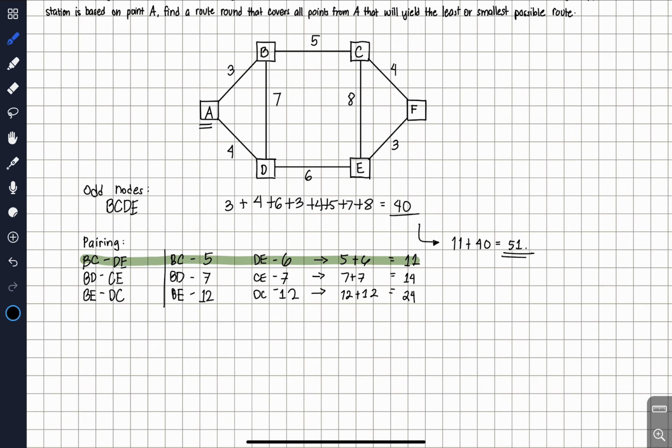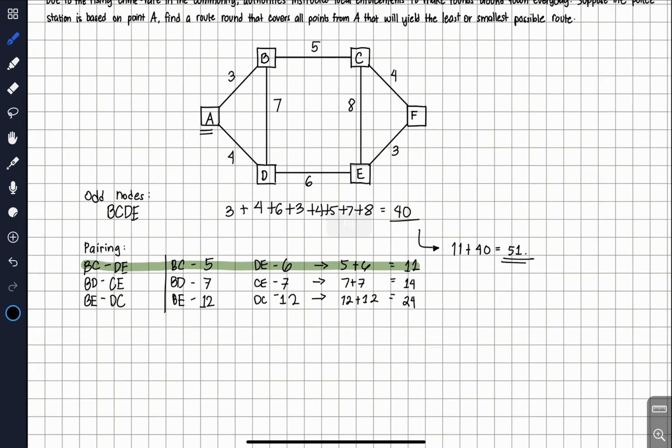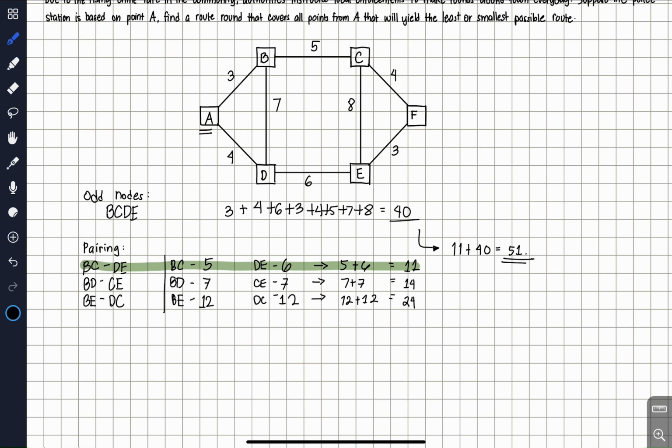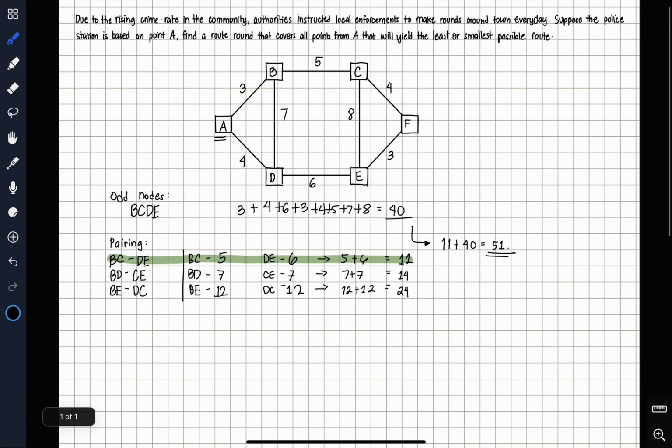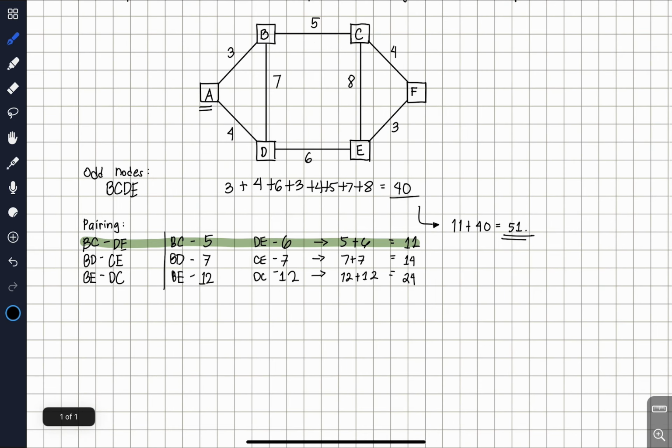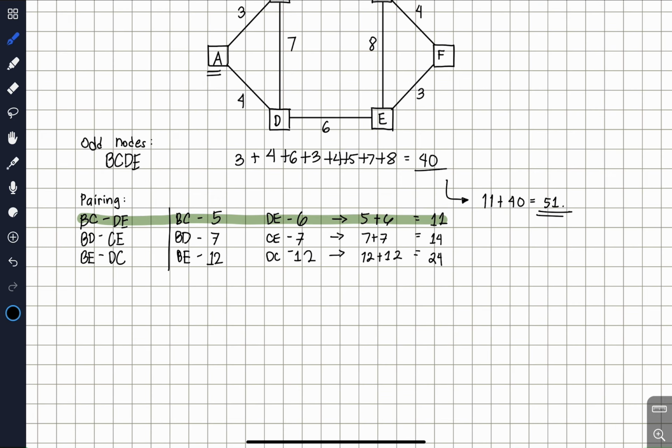However, we only identified the distance, so we'll still have to find the path. The path that should be taken by the local enforcements. So in order for us to do this, we should look for the path which will represent 51, the number we've got.